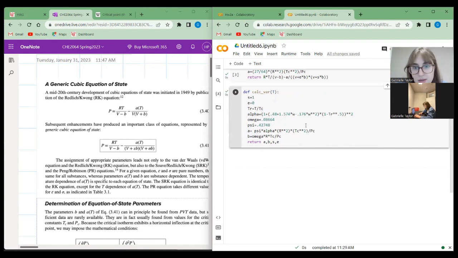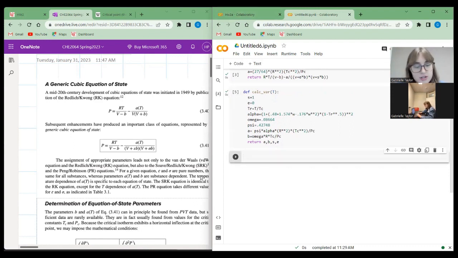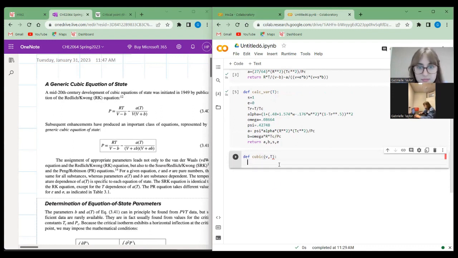So now that we have A, B, sigma, and epsilon, let's put them into our cubic equation of state. So let's define, say, cubic, and this is going to be dependent on volume and temperature. And now what we want to do is unpack what we just found.